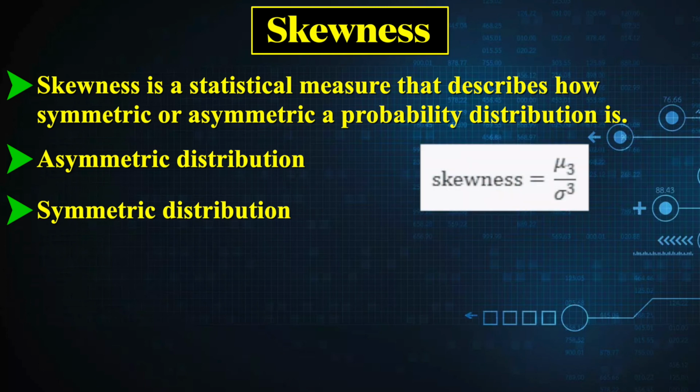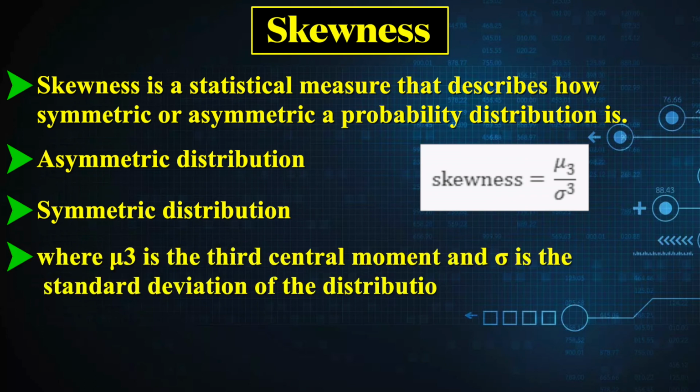Skewness can be calculated using the formula mu 3 upon sigma to the power 3, where mu 3 is the third central moment and sigma is the standard deviation of the distribution. There are different types of skewness in the data, in the image, depending on whether the distribution has more values on the left side of the mean or the right side of the mean.